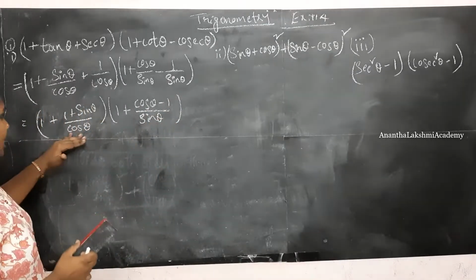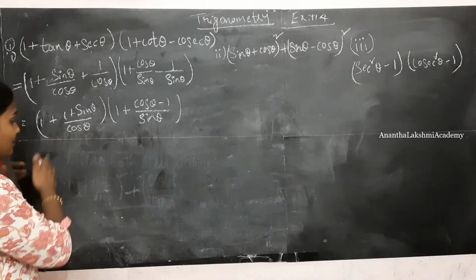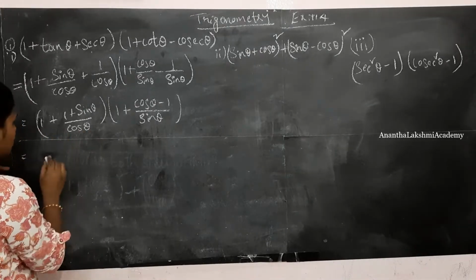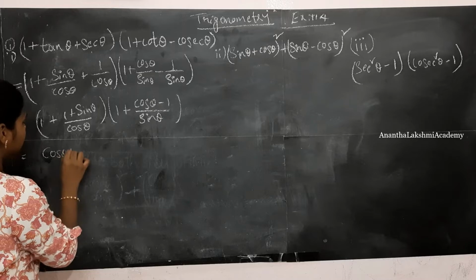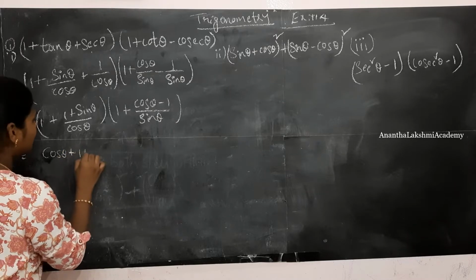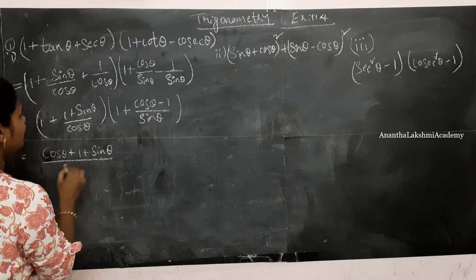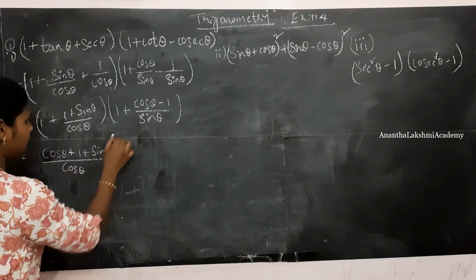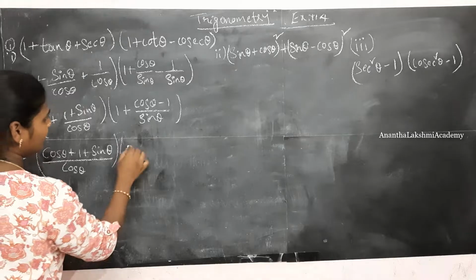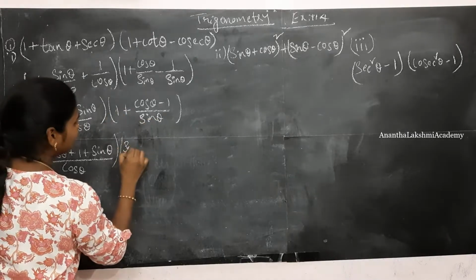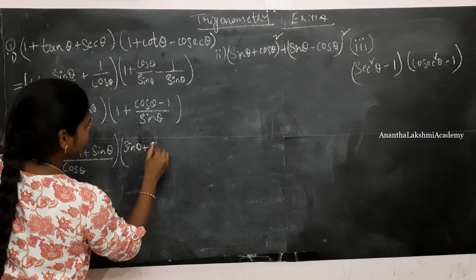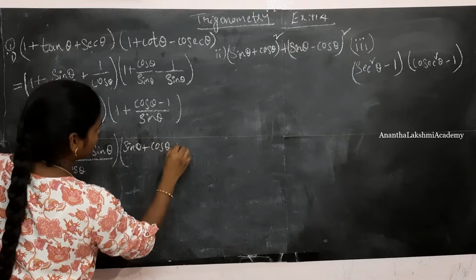So consider the LCM and take it to the other side: cos theta plus 1 plus sine theta by cos theta, multiplied with sine theta plus cos theta minus 1.